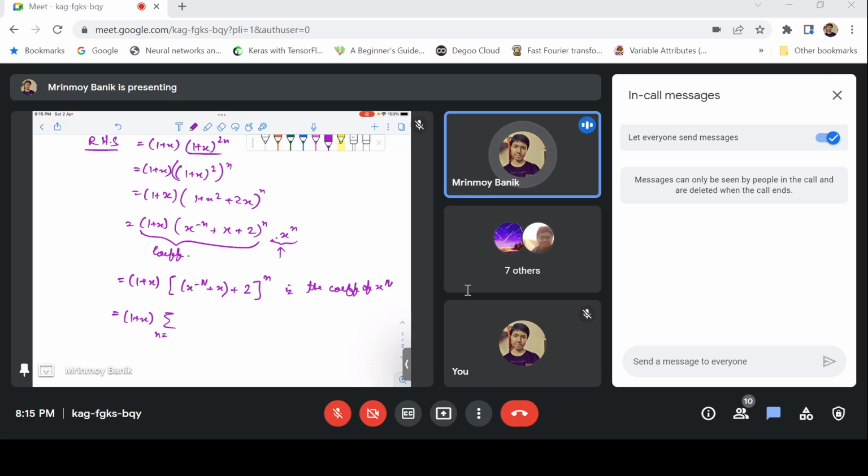Let that be capital N. Now small n runs from... I runs from 0 to n, of x power minus n plus x power I times 2 power n minus I times nCi.